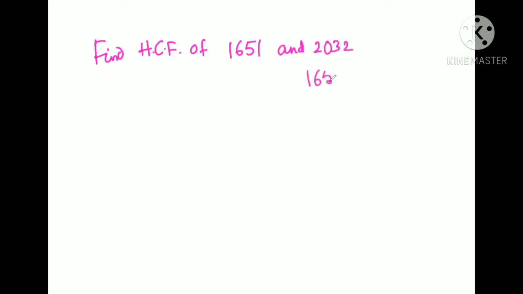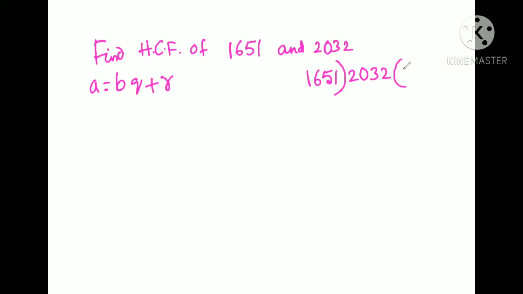Now let us solve one more problem like this. Find the HCF of 1651 and 2032. a is equal to bq plus r according to Euclid's division algorithm.